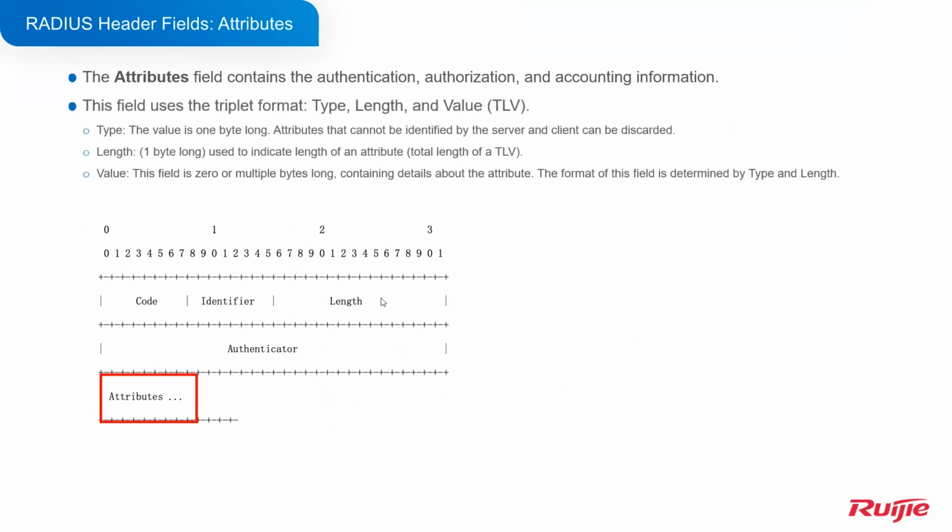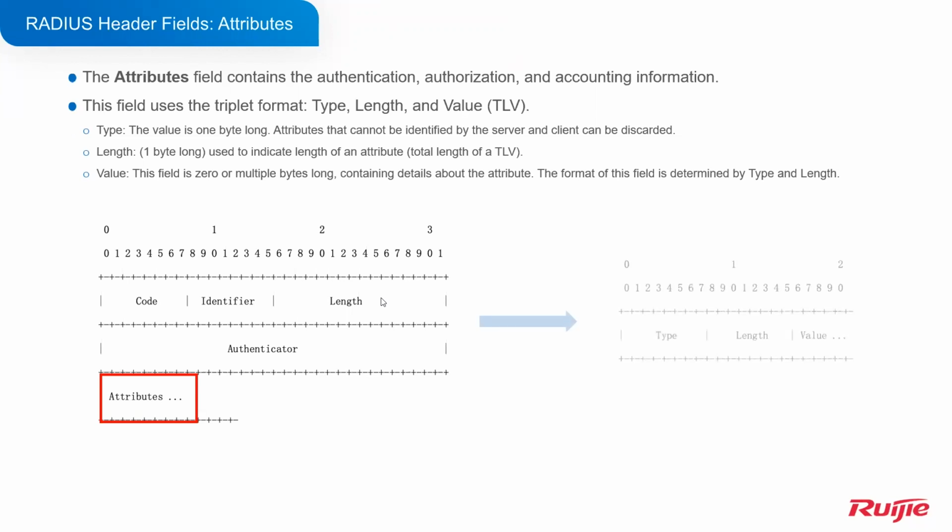Firstly, the type. The value is 1 byte long. Attributes that cannot be identified by the server and client can be discarded. And the length is used to indicate the length of an attribute. Value, this field is 0 or multiple bytes long, containing details about the attribute. The format of this field is determined by type and length.